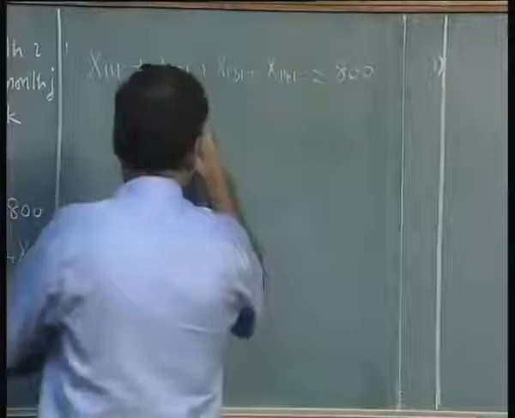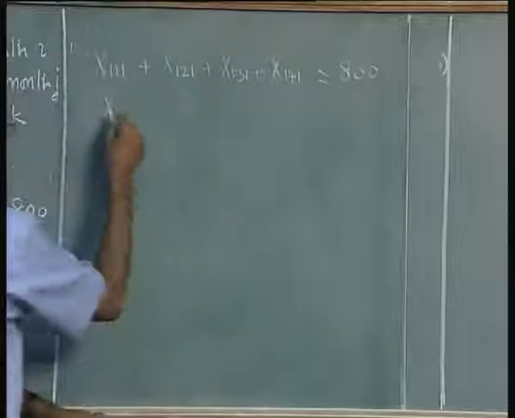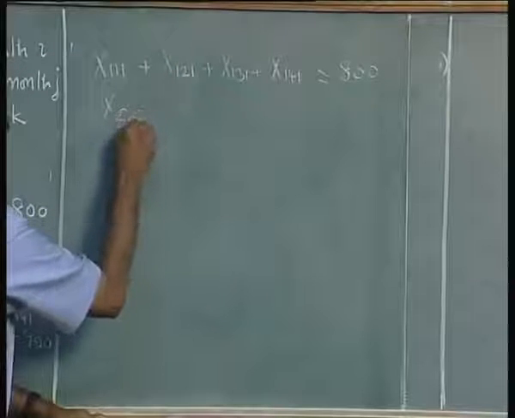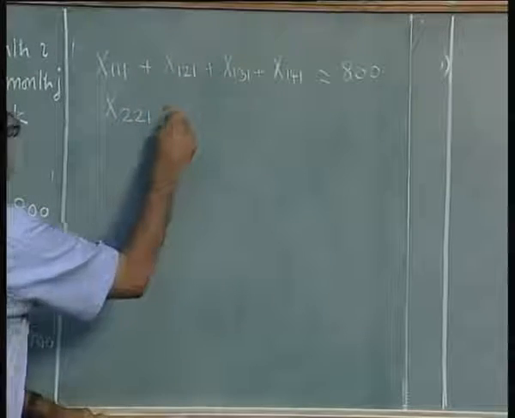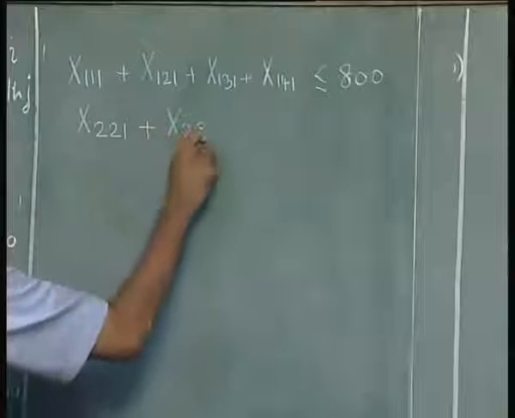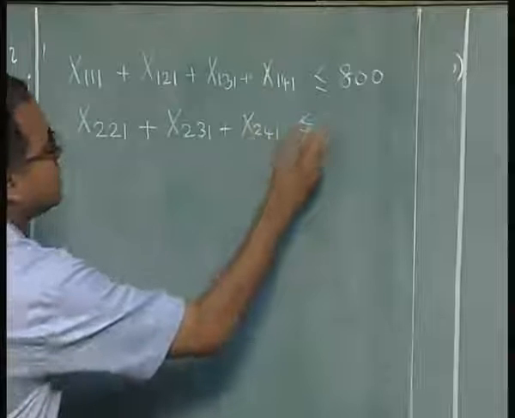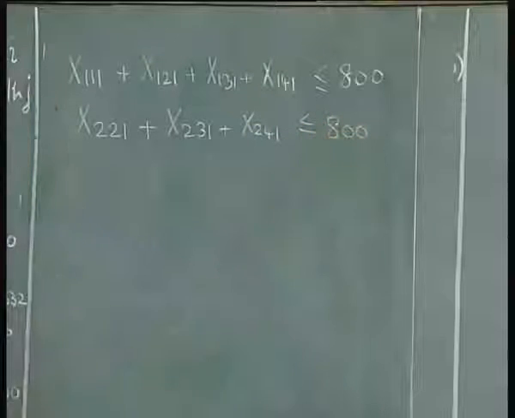Now, as far as the second month's regular time is concerned, you have x produced in the second month to meet the second month's demand by regular time. So, in this case i will be 2 because you are producing in the second month, k will be 1, you are using regular time production, j will be 2, 3 or 4. So, you will have x221 plus x231 plus x241 less than or equal to 800.